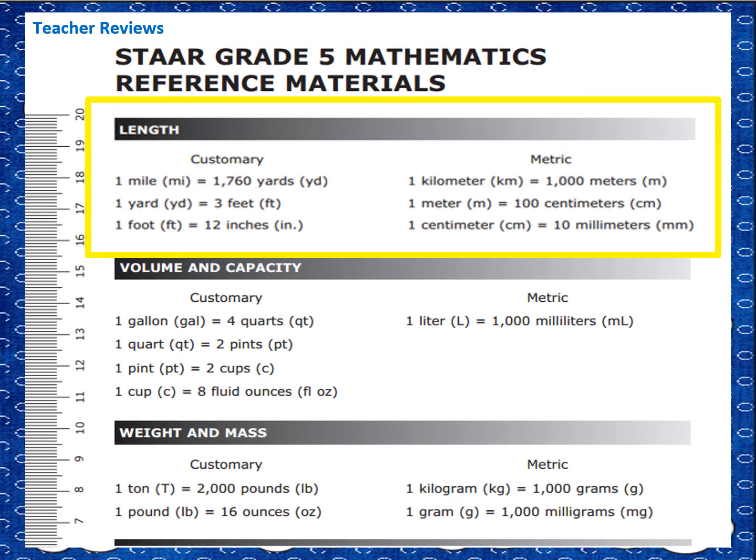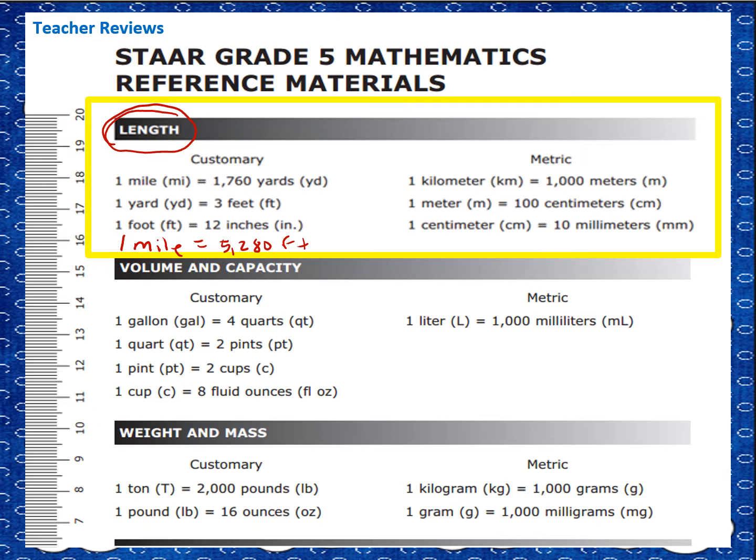So you guys all have the STAR Grade 5 Mathematics reference material in your journal, and today we're going to focus on the length section of it. All right, so we're going to use all of these. And in class, I told you today to add 1 mile equals 5,280 feet.